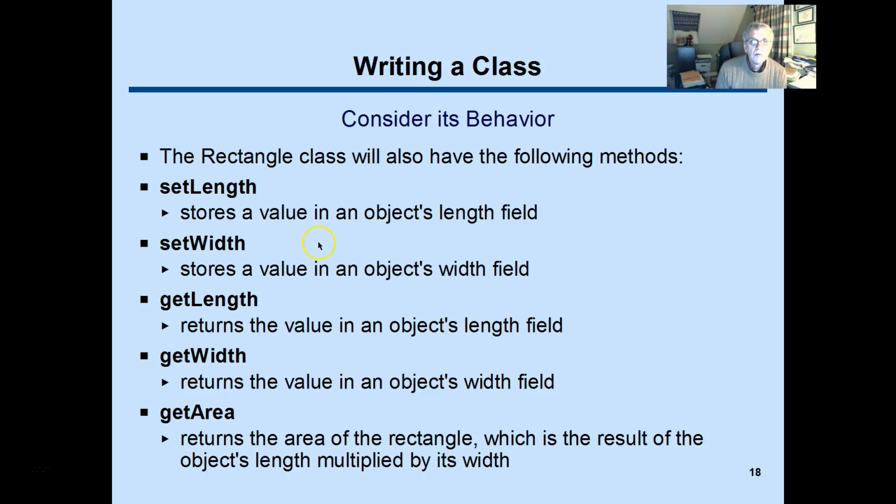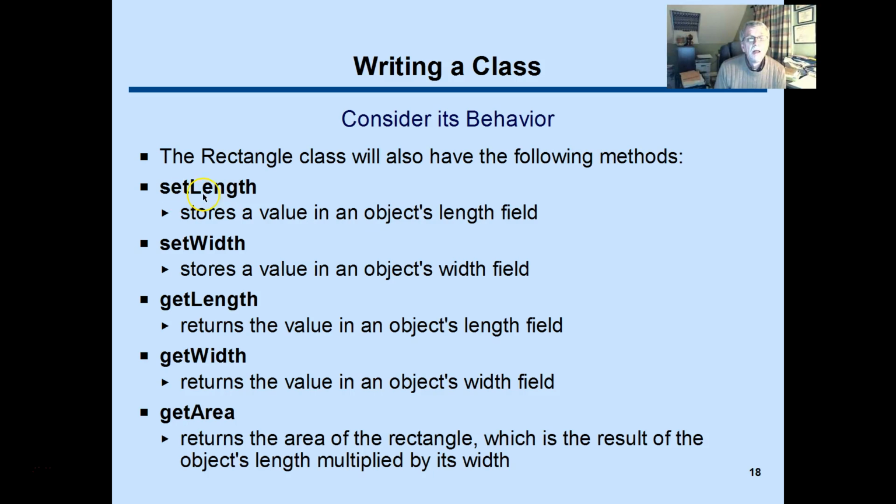So the methods for the rectangle will be things like setting the length and setting the width. These two methods here are called setters. Not a very clever name, but they're also called mutators because they can change the value of the attributes. So we tend to refer to these as setters and preface the name with what kind of a method it is, a set method.